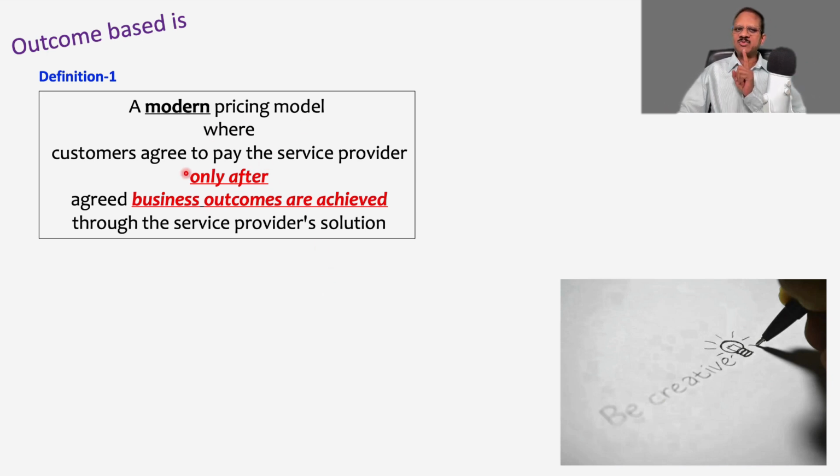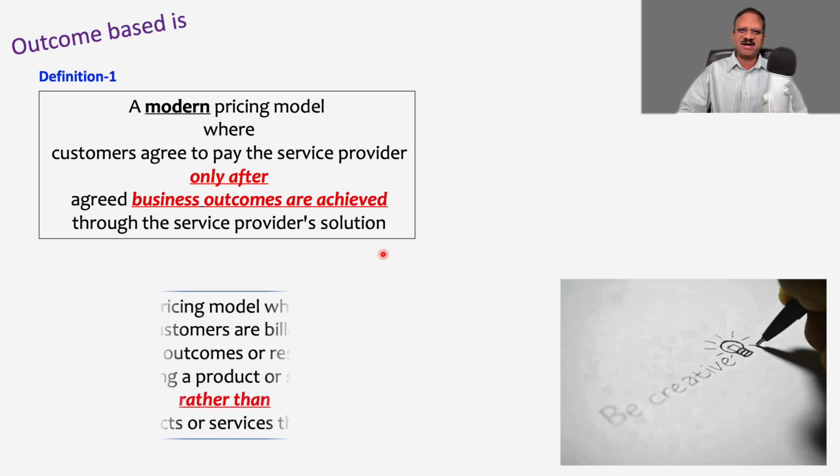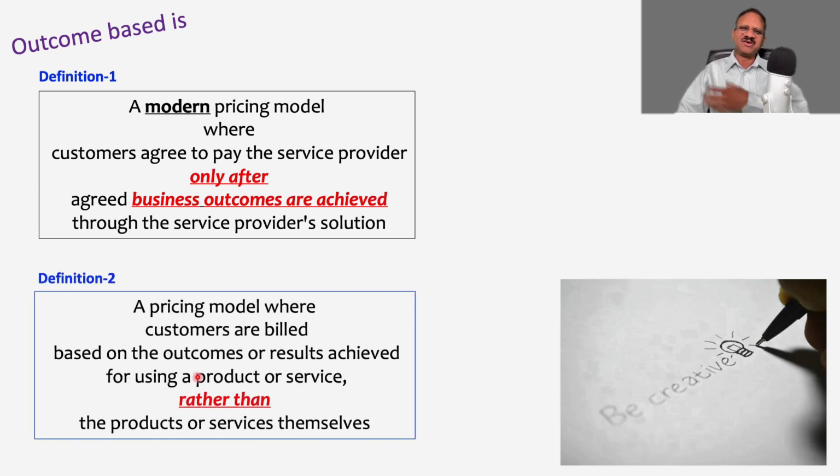A modern pricing model where customers agree to pay the service provider only after agreed business outcomes are achieved through the service provider's solution. Only after agreed business outcomes are achieved on the ground would the customer pay. The same thing is put a different way: a pricing model where customers are billed based on the outcomes or results achieved from using the product or service.